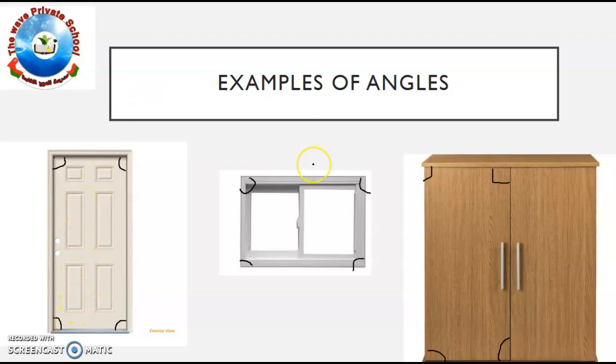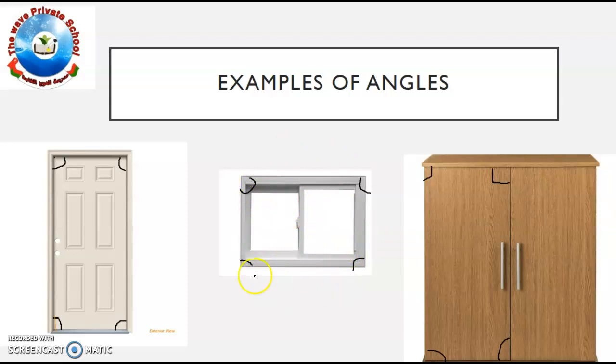So let's see our next example, which is a window. You have the same or some different windows like that, but here you can see one line and second line, both ends are connected to each other. Also here, here. So these are 1, 2, 3, 4 angles. Also inside there are 1, 2, 3, 4. Also 1, 2, 3, 4.